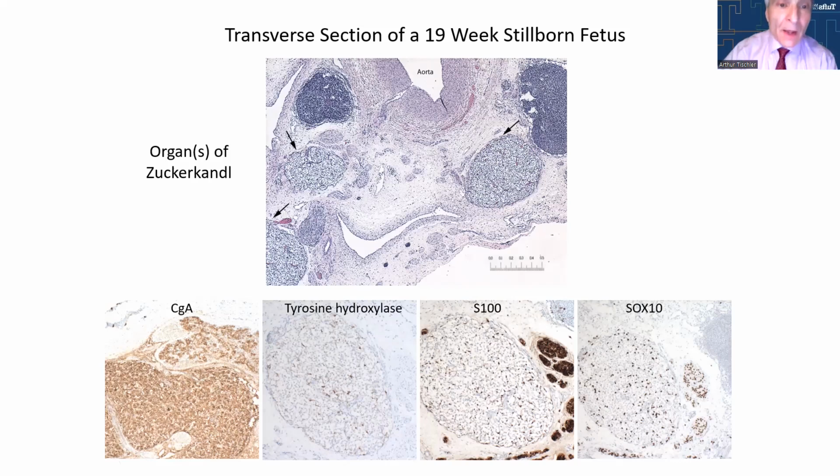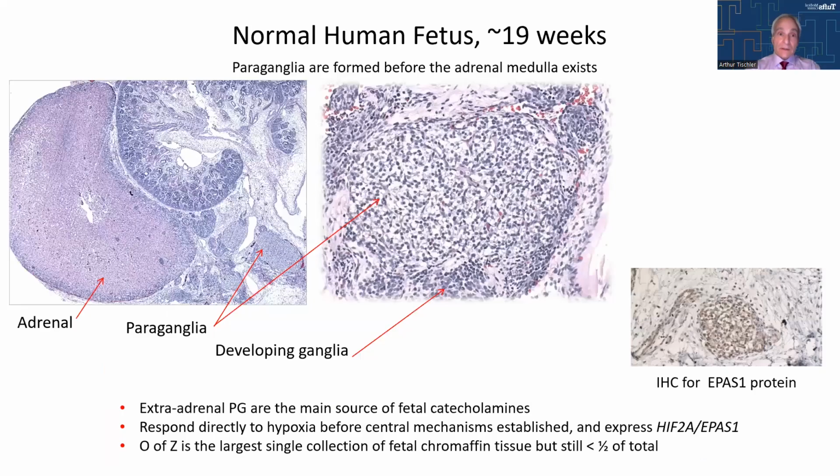Tyrosine hydroxylase and chromogranin A may often not be expressed in head and neck paraganglia or paragangliomas, and other markers may be needed to identify them, as I'll discuss later.